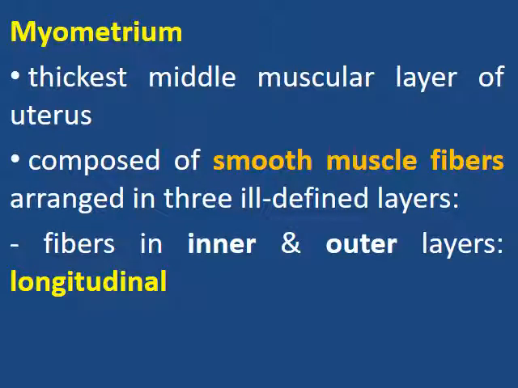Coming to middle layer, that is the myometrium, it is the thickest muscular layer of the uterus composed of smooth muscle fibers arranged in three ill-defined layers. The outer and inner layer of muscle fibers are longitudinal.